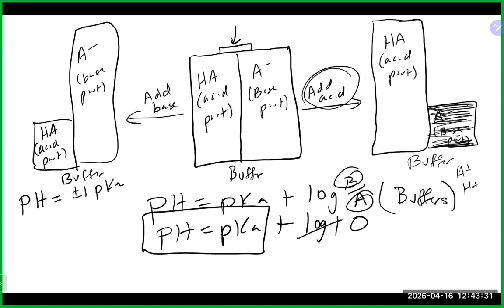Or you can look at the pKb and do it that direction as well. So you could use the Henderson-Hasselbalch equation to help you decide what you should choose to make your buffer out of. You can also do a calculation, as we will do, to actually calculate how much you need of it. Any questions on that there?